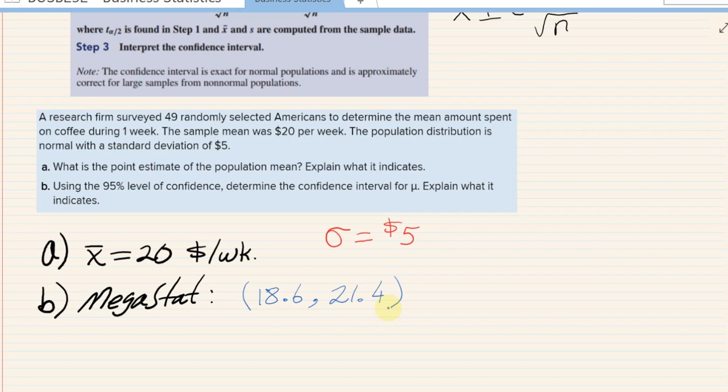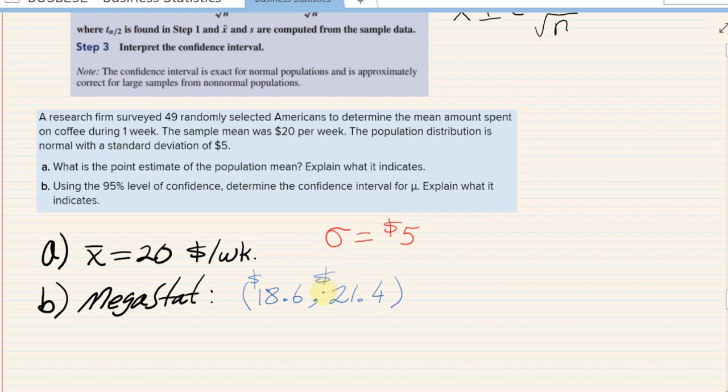Now it says explain what it indicates, meaning interpret that confidence interval. This says that we are 95% confident that the true average amount spent by Americans on coffee during 1 week is somewhere from $18.60 to $21.40.